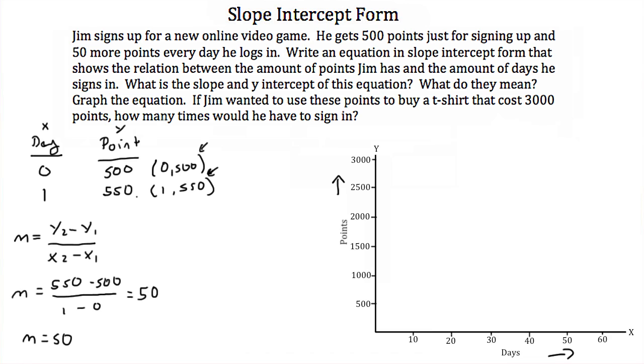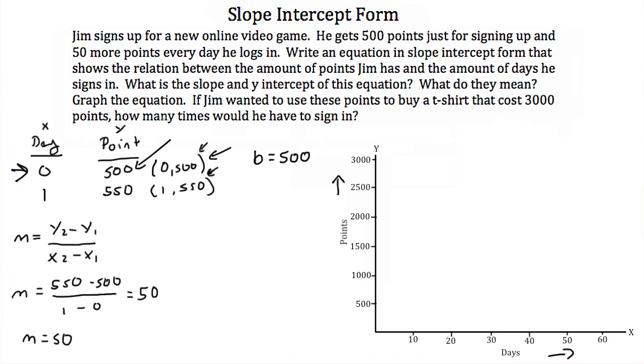Now if our slope is 50, we need to find out our y-intercept. Now remember, our y-intercept always occurs when x is equal to 0. Well, when x is equal to 0, Jim has 500 points. So our y-intercept is right here. It's 0, 500, or our b is equal to 500.